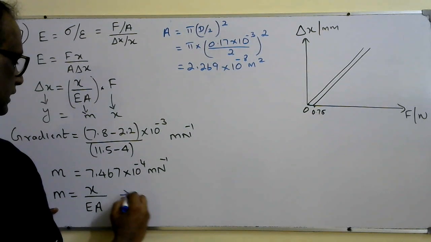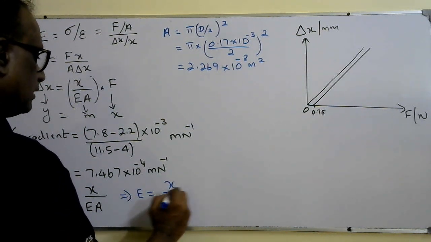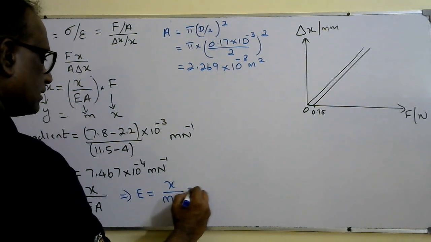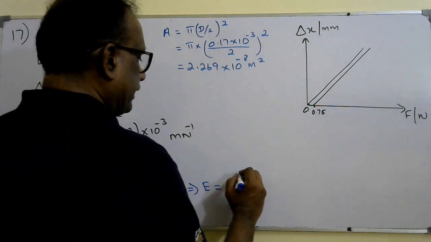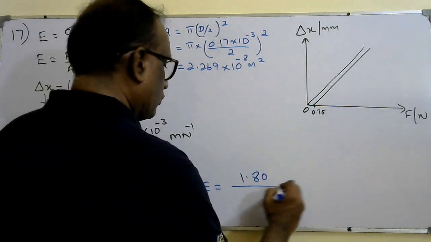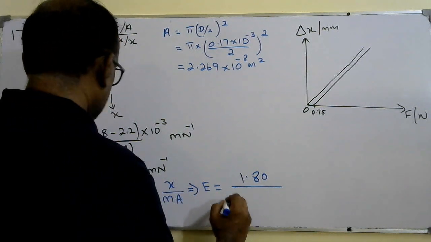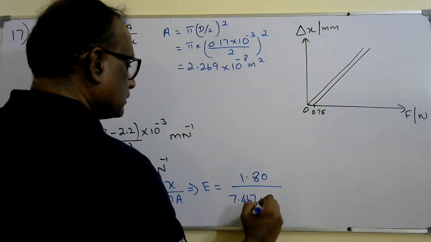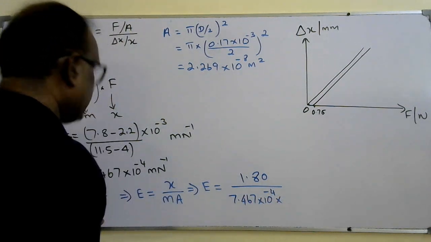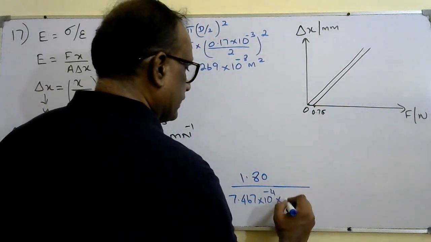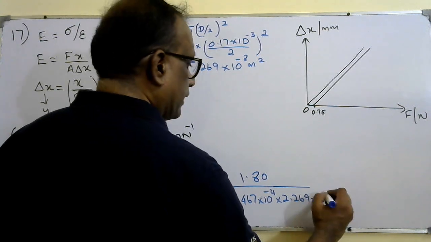Okay, so substitute here. When you substitute here, E is going to be x over m times A. So E will be x, the length of the wire is given 1.80 meter, over the gradient I found, 7.467 10 to the power minus 4, into area of cross section 2.269 10 to the power minus 8.